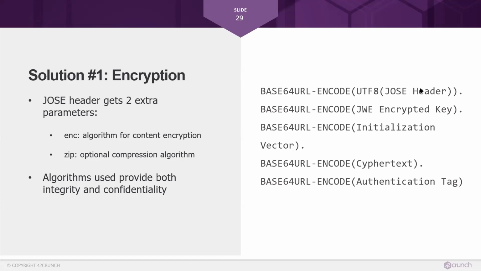You will have the JWT header, the JWE encrypted key, an IV, the ciphertext, which is actually the encrypted payload, and then afterward you've got the authentication tag, or additional authentication tag, to be accurate.